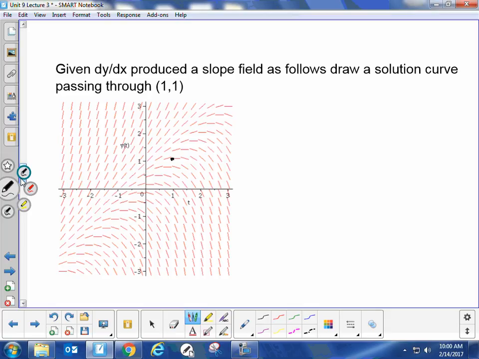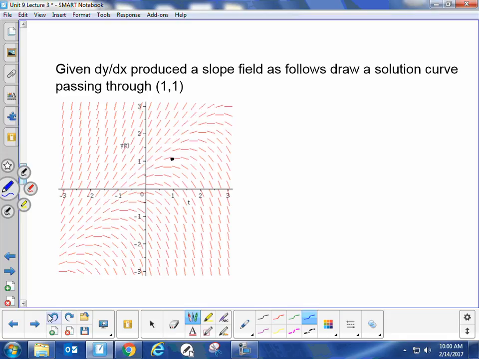Go ahead, Reed, do it. Follow the slopes. You got to go through this dot right here.